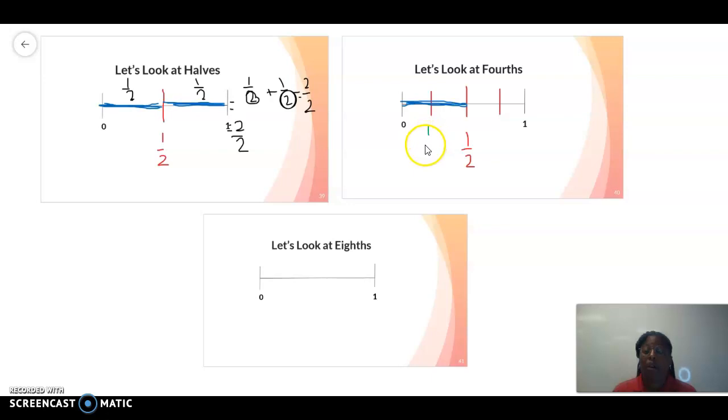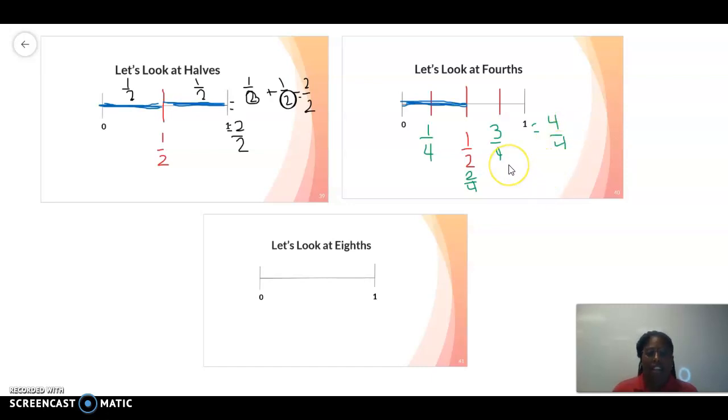So my first fractional part on my number line is 1/4. The next part is 2/4. The next is 3/4. And then, of course, we have 4/4, which again is equivalent to what? If you said 1 whole, you're correct.